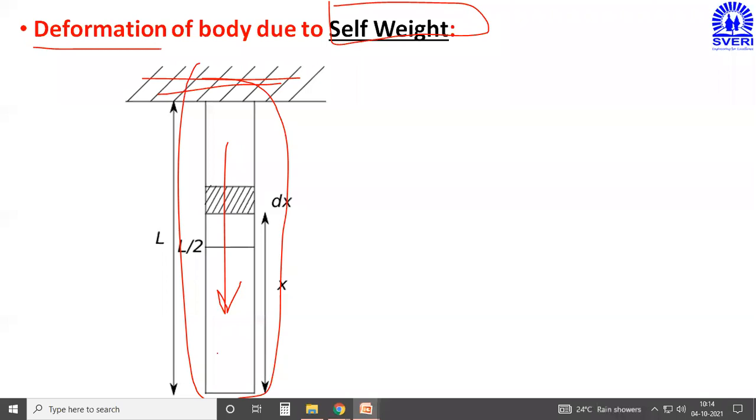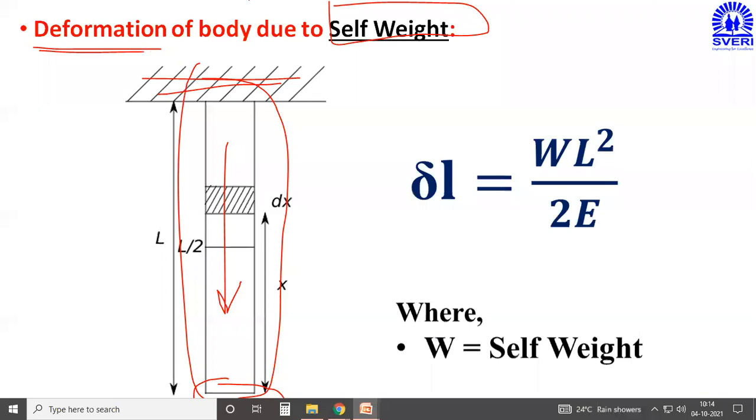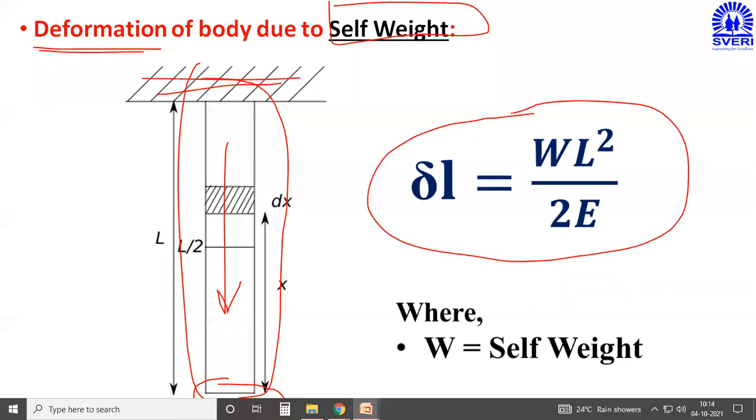Due to the self weight applied in the downward direction, here there is no external load applied at the bottom side. No external load, no internal load. Due to the self weight only, that body itself has self weight, and always the self weight is acting in the downward direction. And due to that self weight, deformation is taking place. For that purpose, we have the formula delta L is equal to WL square upon 2E.